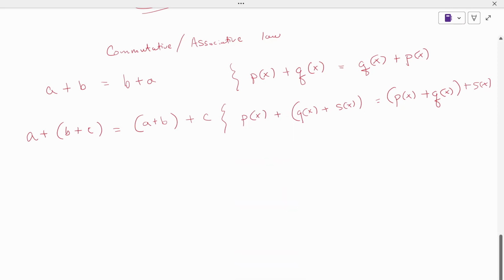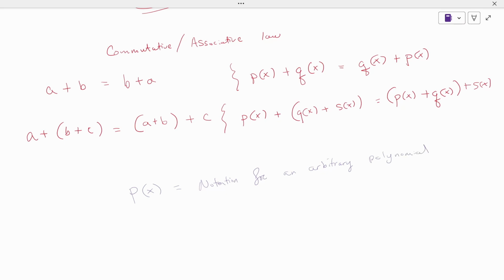I should make a note about the notation of polynomials. When I have p of x, this is the notation for an arbitrary polynomial. Let's recall the meaning of the word arbitrary.